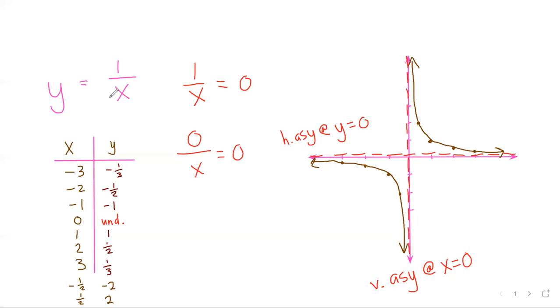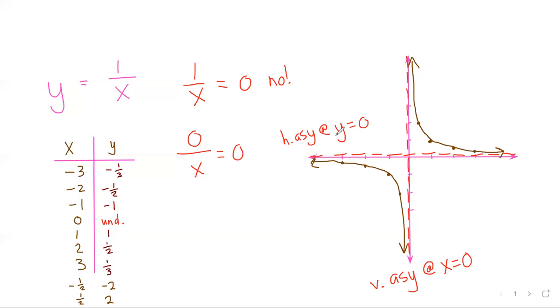Now, when x is very large, let's say x is 1,000,000, y equals 1 over 1,000,000. It gets very, very close to 0. But this can never become 0. And the idea that you can get very, very close to something but never actually reach it, that's exactly what an asymptote represents. So this is not possible. Therefore, there's a horizontal asymptote.